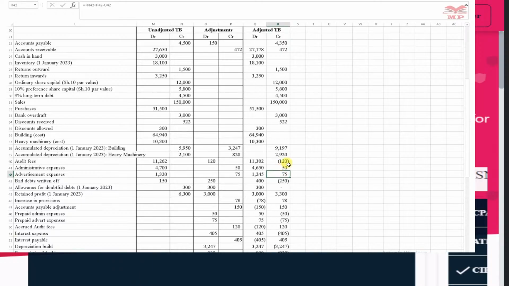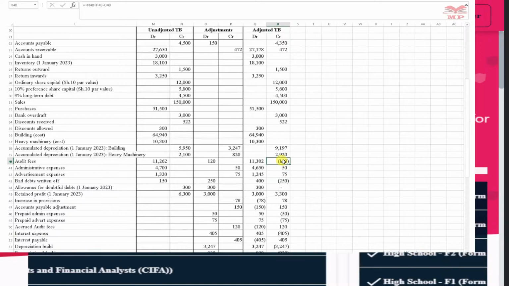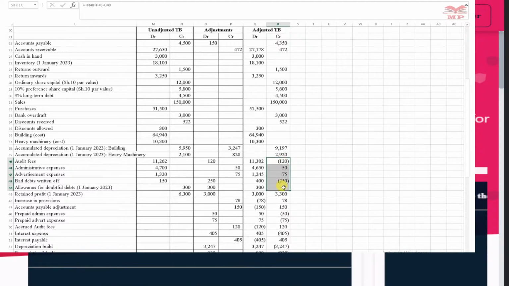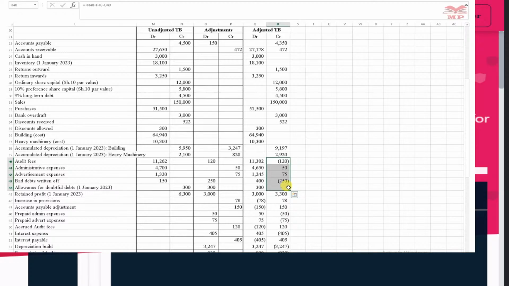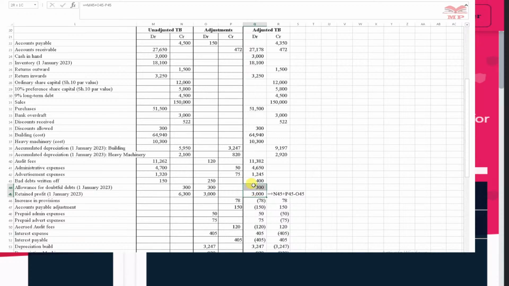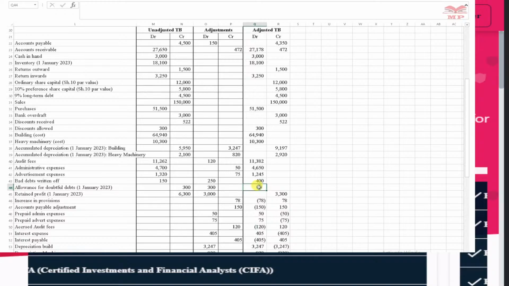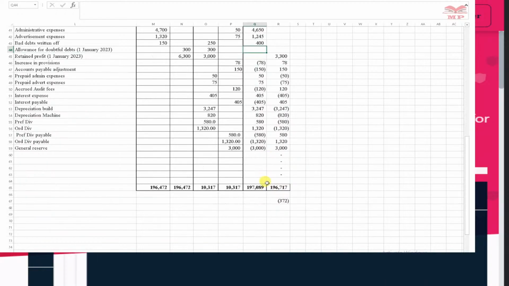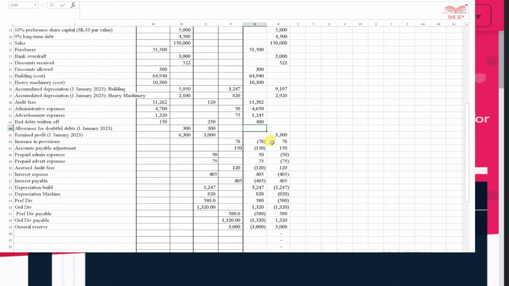So from here, 120, we should be able to just delete up to there. Why? Because this value actually exists. This one should not exist. And even that one should not exist because we do not have any debit balances there. And then just checking, it's reducing. At least it's reducing.